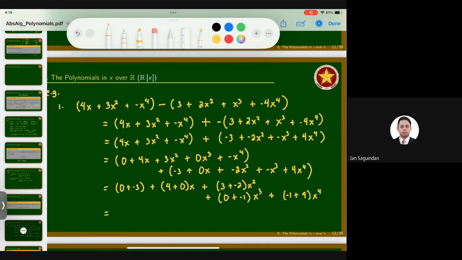Okay, assuming the coefficients that I wrote are correct, we end up with negative 3 plus 4x plus 1x squared plus negative 1 x cubed, or negative x cubed, plus 3x to the fourth. So apparently the difference of two polynomials should also be a polynomial.